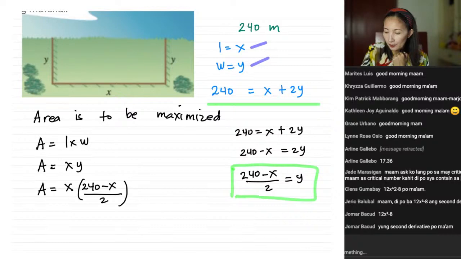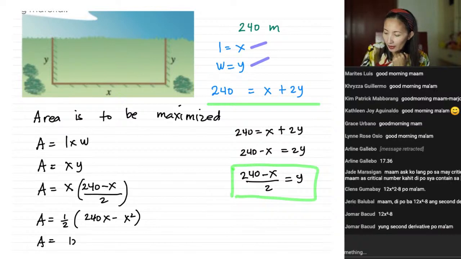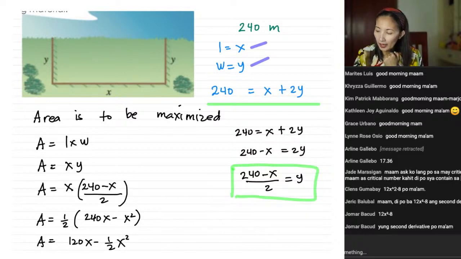Or we can express this as 1/2 of 240x minus x squared. Or simply 120x minus 1/2 x squared. Now we take a prime.